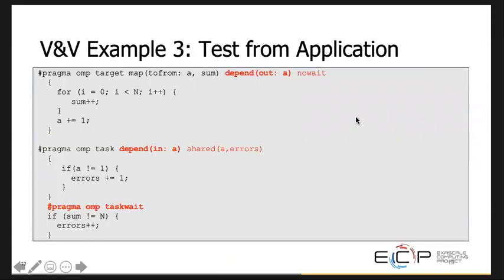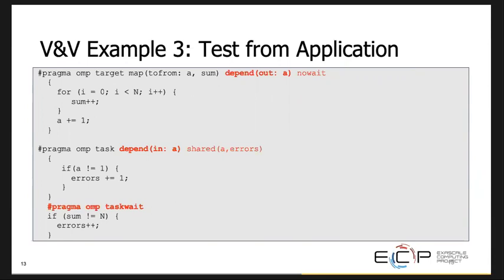So in the first part, the target map creates an implicit task. And the purpose of this test is to have the implicit task generated by target nowait go asynchronously first, and then the explicit task would be deferred until the implicit task completes, because of the depend clause on A.